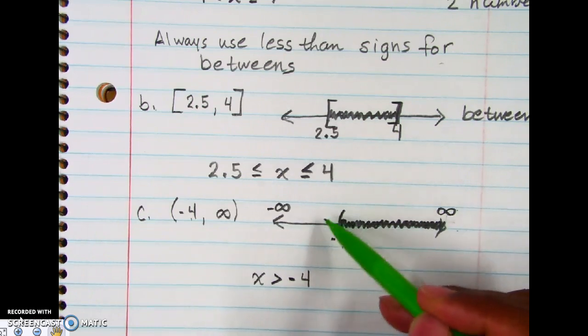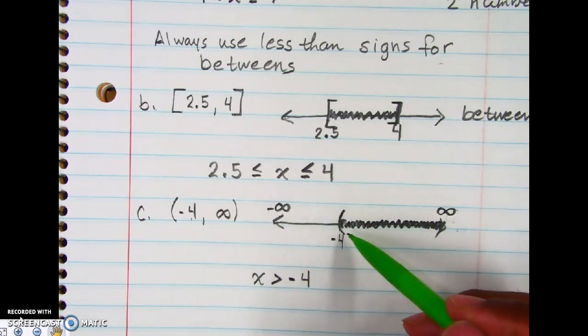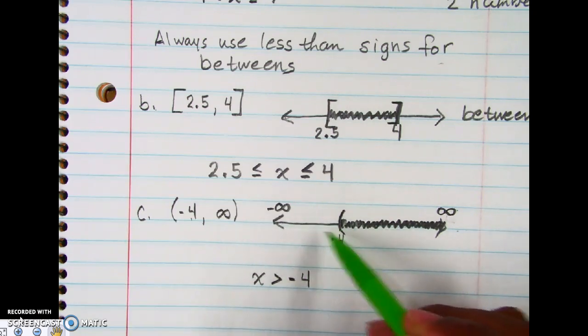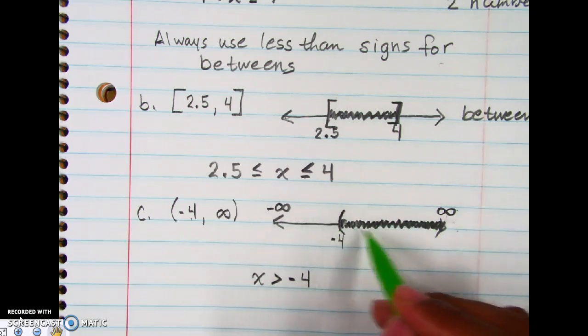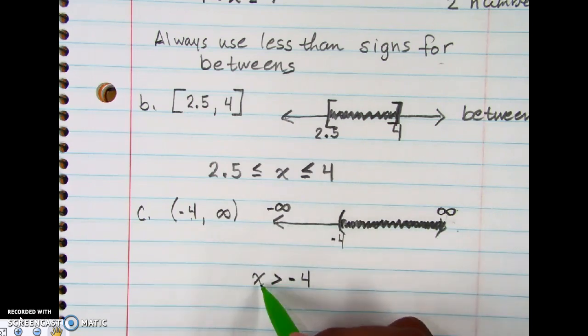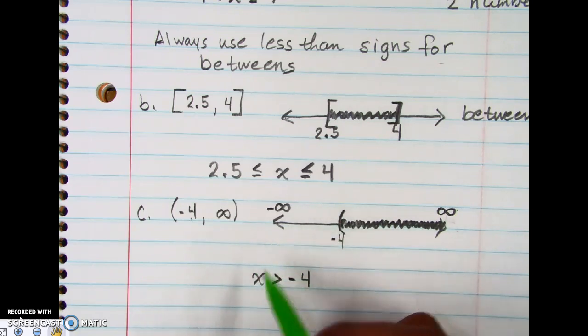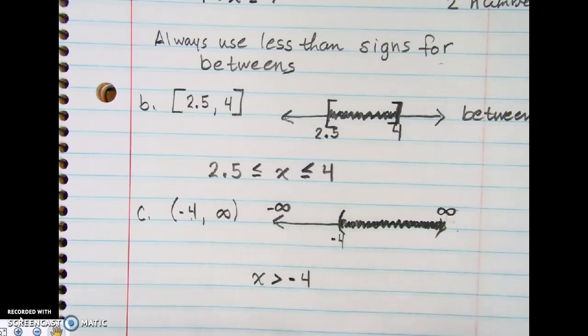If we shade it on this side, all these numbers are less than -4. All these numbers are greater than -4, so we say x is greater than -4. If we shade it on this side again, that means all the numbers will be less than -4, so we would say x is less than -4.